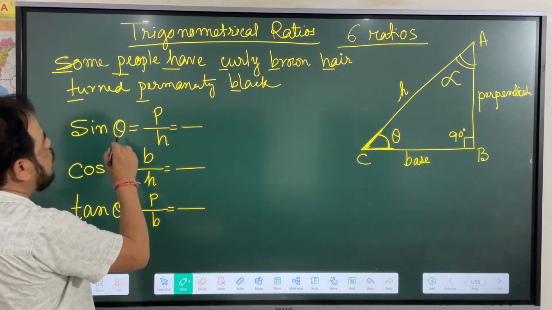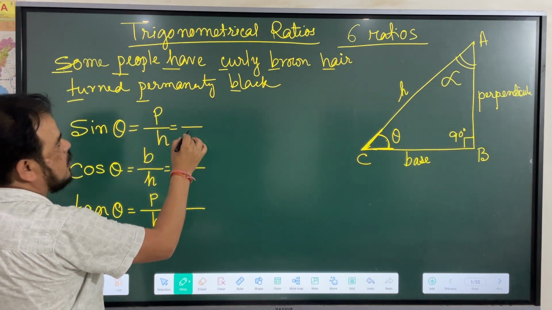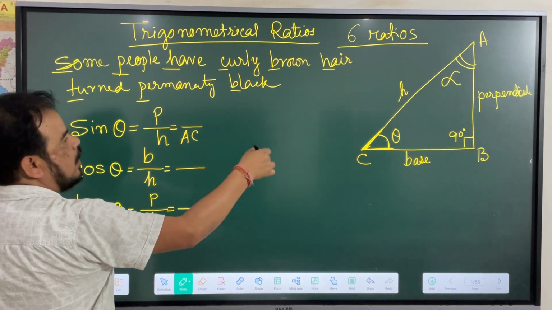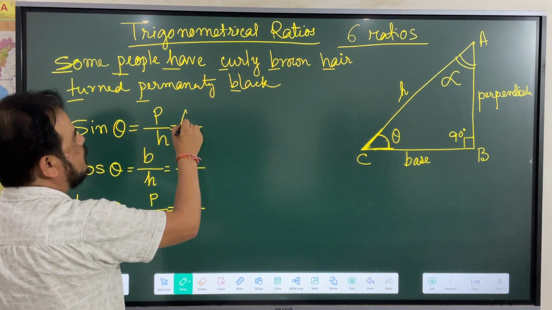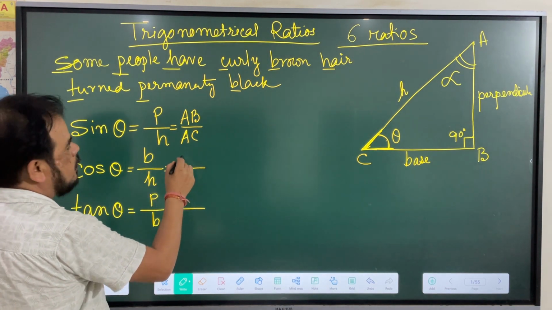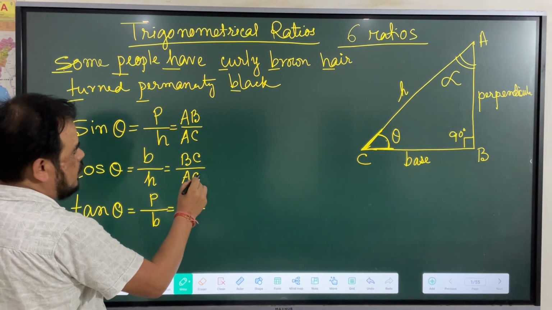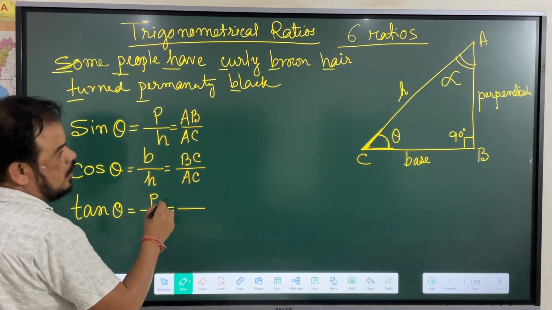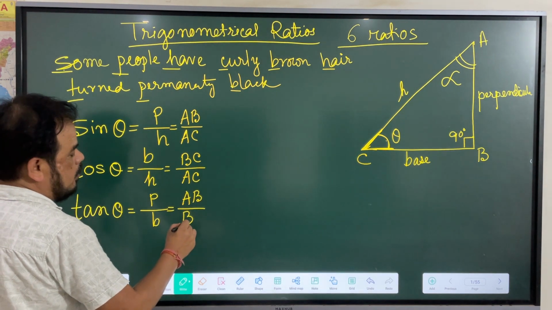Sin theta is P by H. With respect to theta, what is perpendicular and what is hypotenuse? Hypotenuse is always AC. Perpendicular is AB. Base is BC. Hypotenuse is AC. Perpendicular is AB and base is BC.